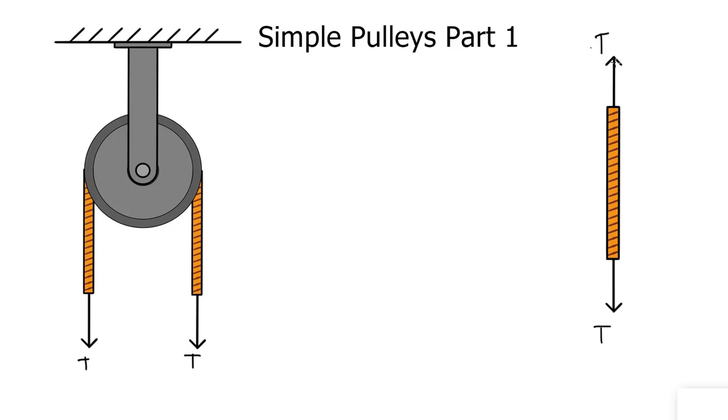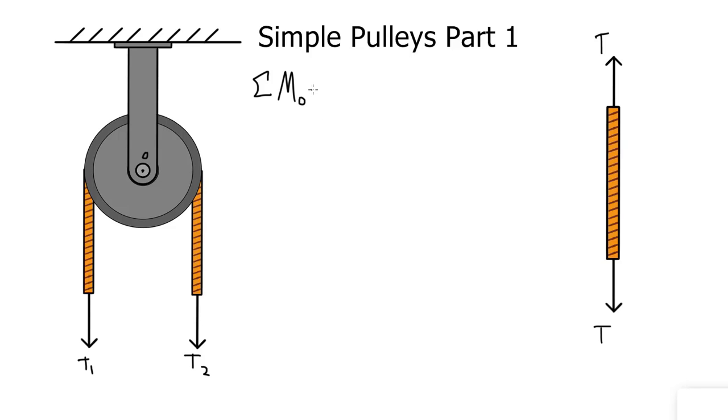It's going to be the same scenario right here, but I'm going to prove it for you real quick. So this is going to be T1, this is going to be T2, and we're just going to assume they're different from the beginning. Now we just need to do the sum of the moments, or sum of the torques, about the point where everything's spinning from, and we'll call that point O. Try and always do that.